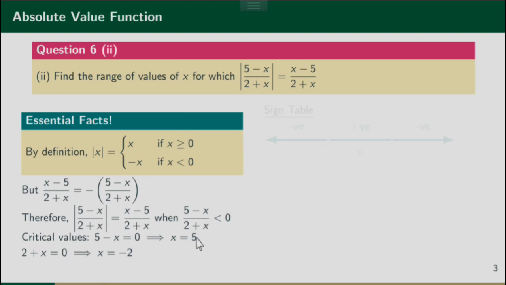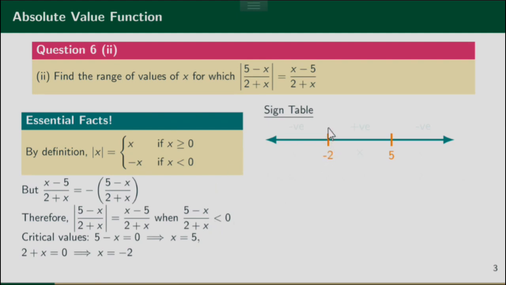So negative 2 and 5 are our critical values. So we represent this on the sign table. I'll be drawing a number line and I will indicate the points where these critical values are. I have negative 2 and 5.